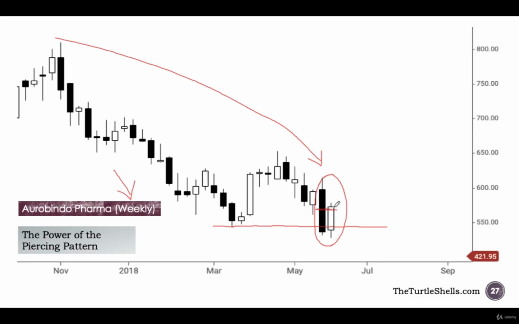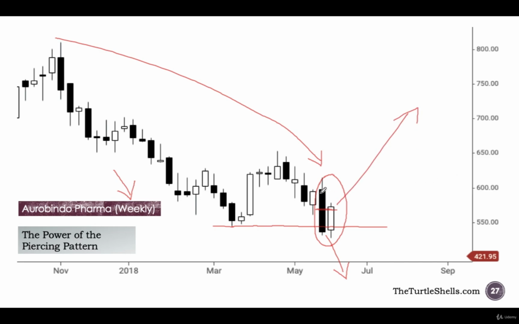My coach Steve Nison says that whenever the bears try to push the price below a support area and they are successful, but on the next candle or the next few candles the bears are not able to hold on to their position and fail to maintain that prior downtrend, and the bulls come back into the market and push the price above, then the chances are the market will rally from there.